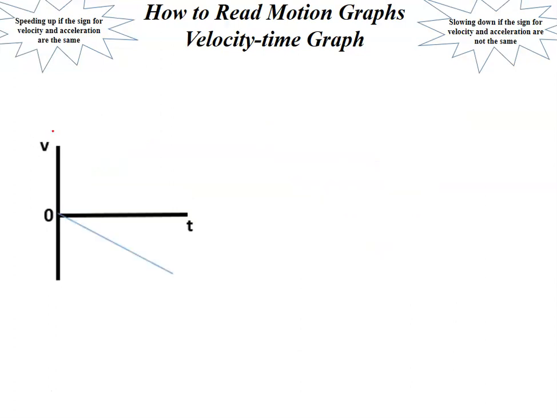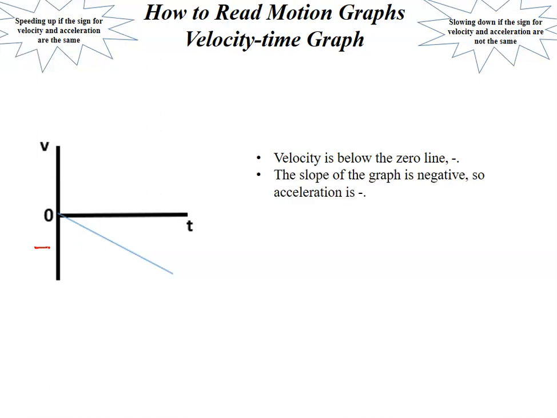That is speeding up. In this case, the line is in the negative section. So this is a negative velocity. The slope of this line is downward, so this is a negative slope, which means we have a negative acceleration. Velocity is negative, acceleration is negative. This again is speeding up.